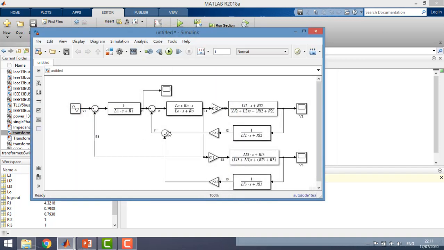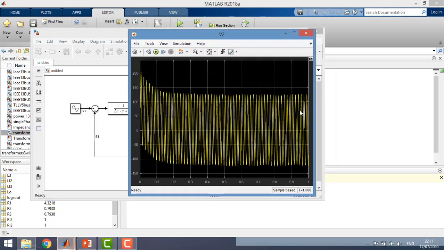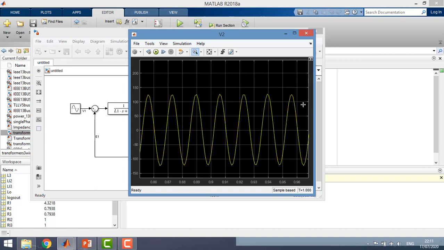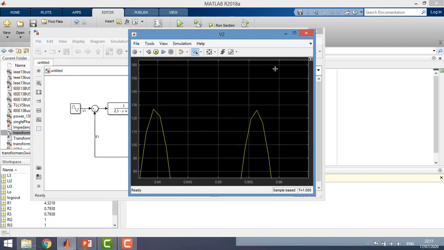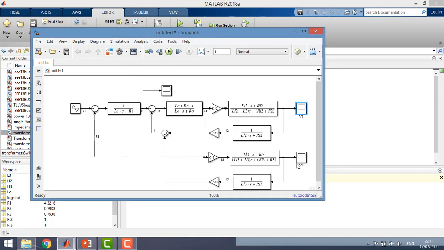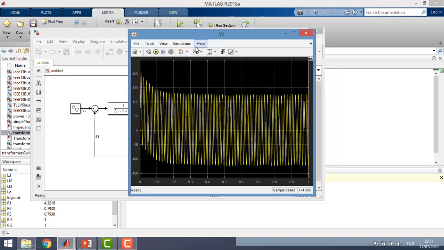Run the model again. You can see that, brilliant.